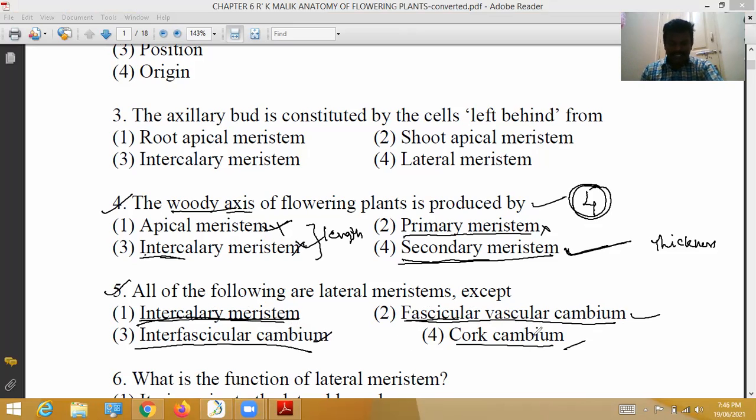These meristems increase girth or diameter of the plant. Intercalary meristem is a primary meristem, so it is not a lateral meristem. Except the first option, the remaining three are lateral meristems. Option 1, intercalary meristem, is the correct option.